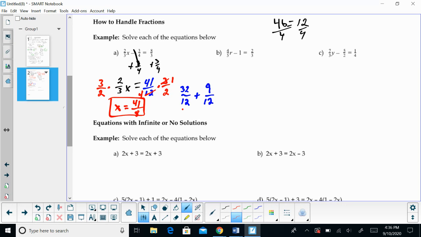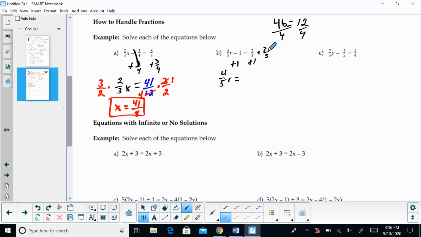Okay, we'll do one more over here. I'm going to erase this so that I have a little bit more space. Okay, the first thing I'm going to do, add 1 to both sides. So this would be 4/5 r equals, we need to get them to be like denominators, so I would have 2/3 plus 3/3. Remember, we can always make 1 by doing 3/3 or a number over itself.